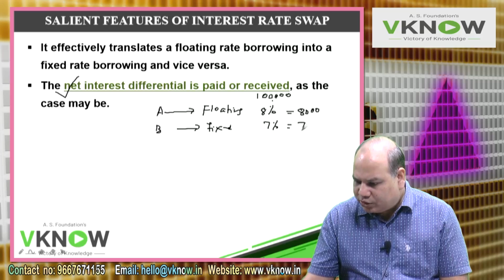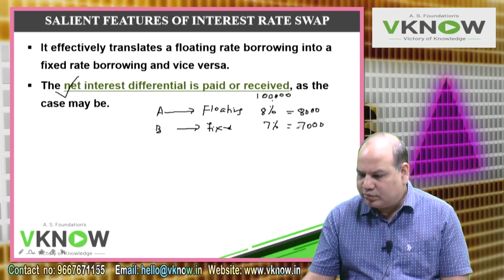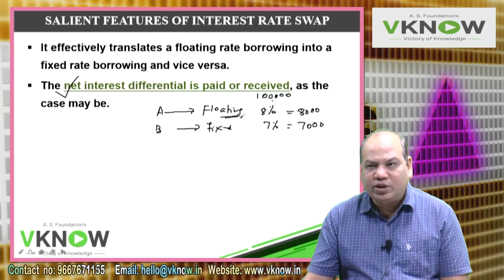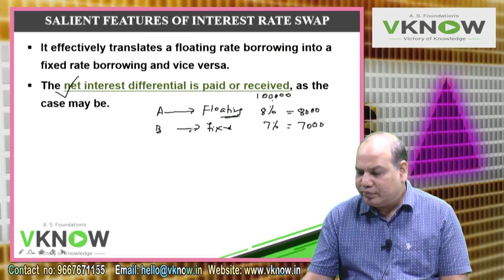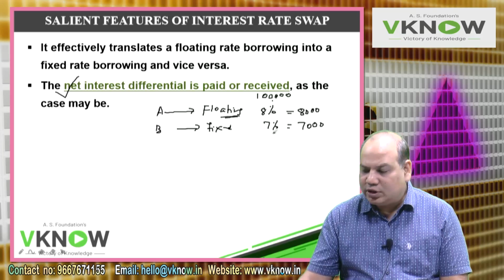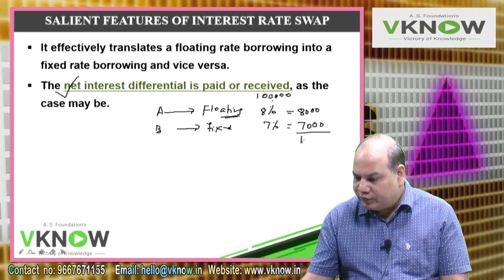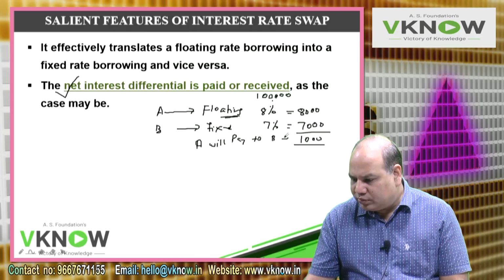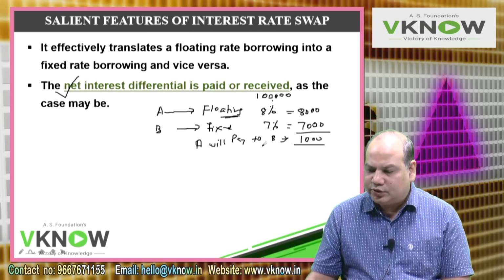So B will pay to A 7,000. A will pay to B based on whatever floating benchmark rate they have agreed, 8%. B will pay to A 7% every time. So the difference is 1000. So A will pay to B the difference of 1000.